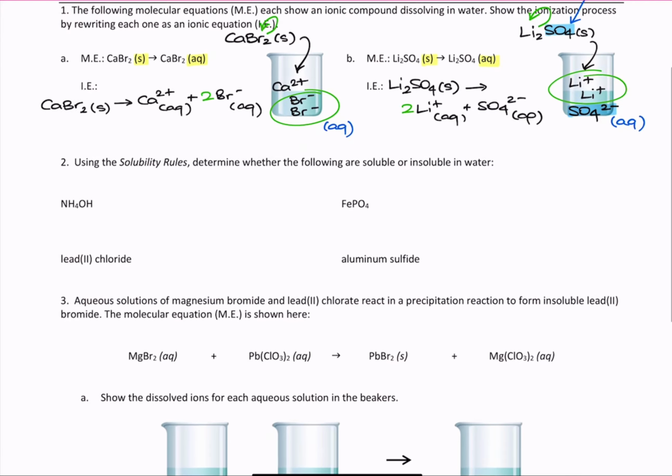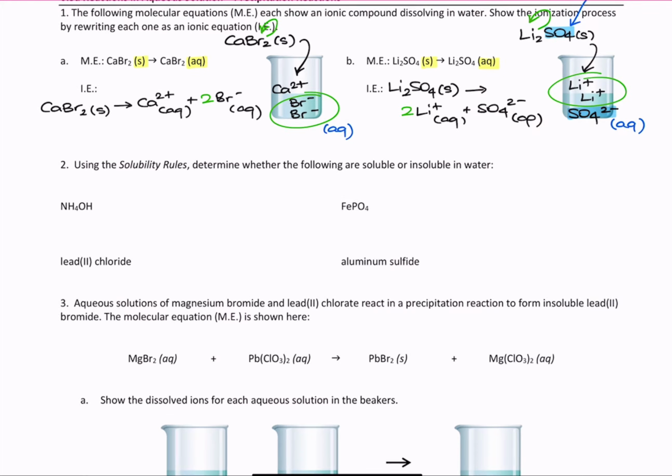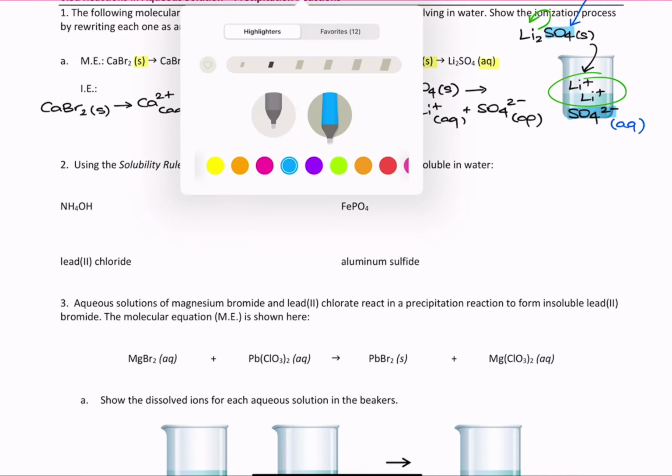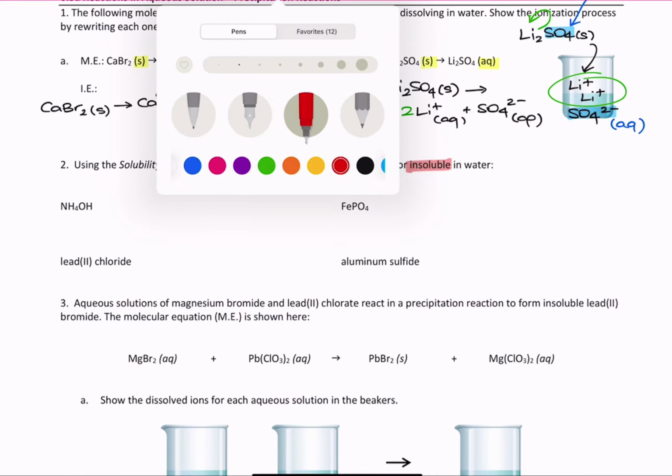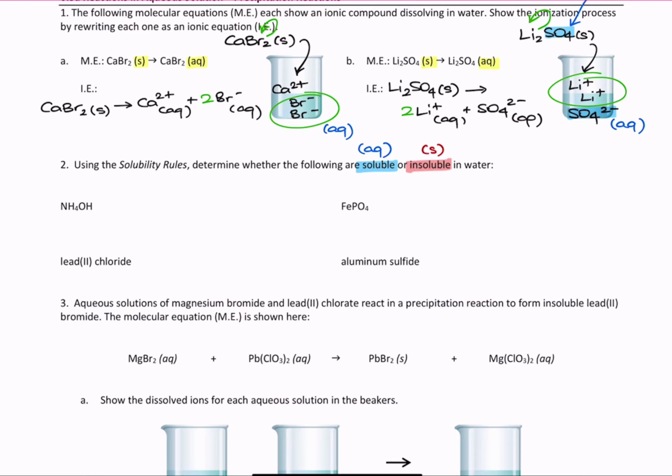Problem 2. Use the solubility rules to determine whether the following are soluble or insoluble in water. So when compounds are soluble, then they will be in the aqueous state. When they are insoluble, they will remain in the solid state.